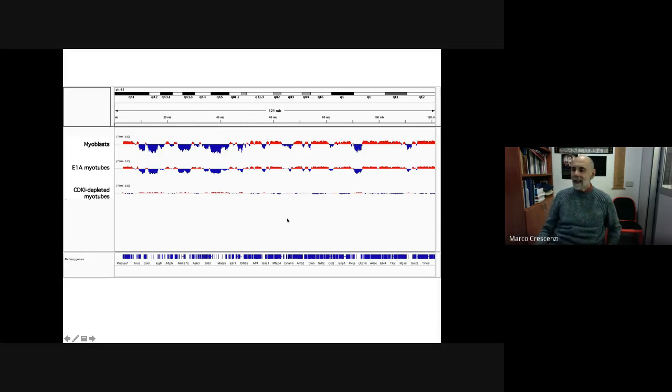So this is something we really don't understand, because CDKI depletion does not only appear to flatten out the DNA replication timing, it also appears to invert its sign, with minus instead of plus and plus instead of minus. And that we really have no explanation for.